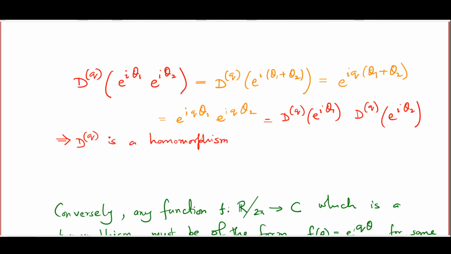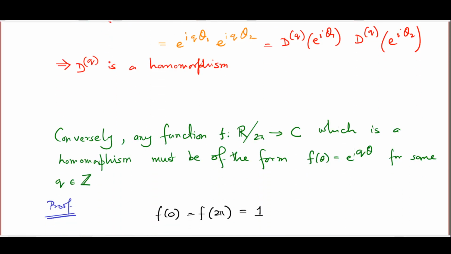The point is, any function f which acts on R modulo 2 pi, which essentially means theta and theta plus 2 pi are to be treated as the same element, any function which maps this to the set of complex numbers, which is a homomorphism, must be of the form f of theta equals e to the iq theta for some q belonging to Z. So let's try to prove this.